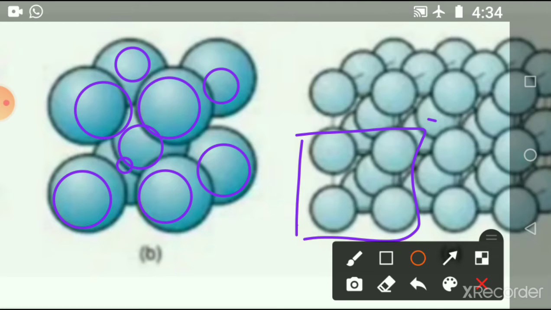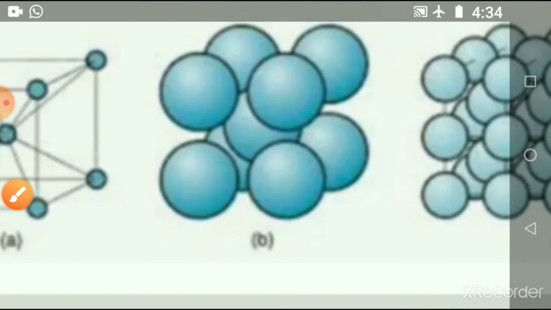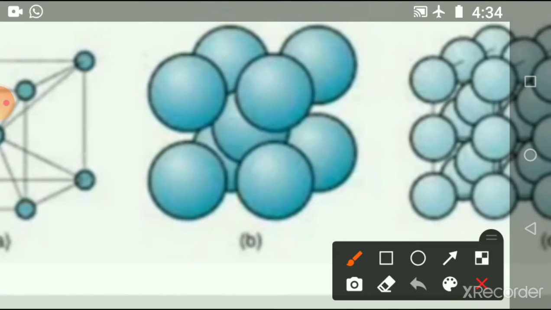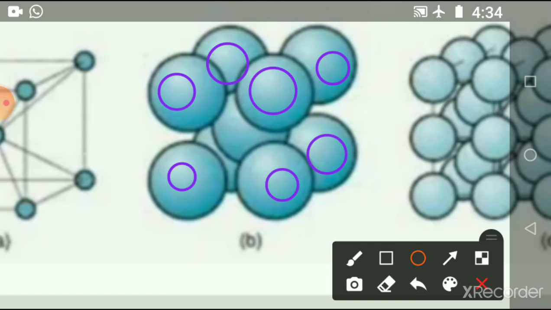So this type of arrangement is called a body centered cubic unit cell. So the atoms are located at each of the corners of a cube. How many lattice points is that? Lattice points means wherever an atom is located. So there are 9 lattice points: 8 corner atoms and 1 body centered atom.